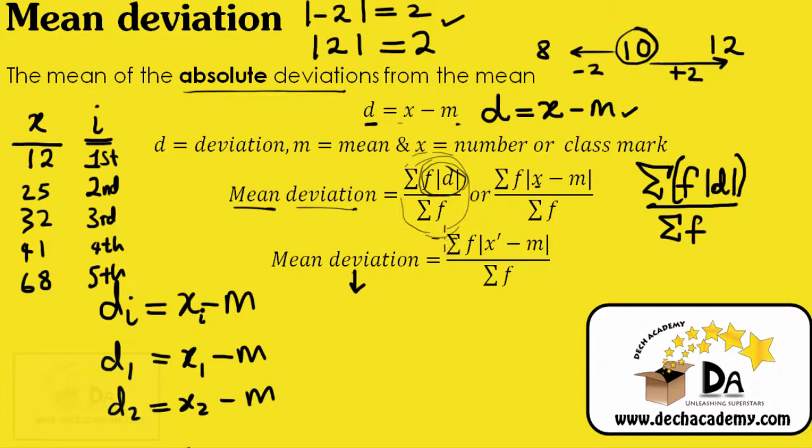The one we actually used was this form here, where the absolute value of the deviation for grouped data is equal to the class mark minus the mean. So you need to learn all these formulas. They're all the same essentially. They're easy to remember. You need to know that the deviation of a member of a data set or a distribution from the mean is given by the value of that member minus the mean.